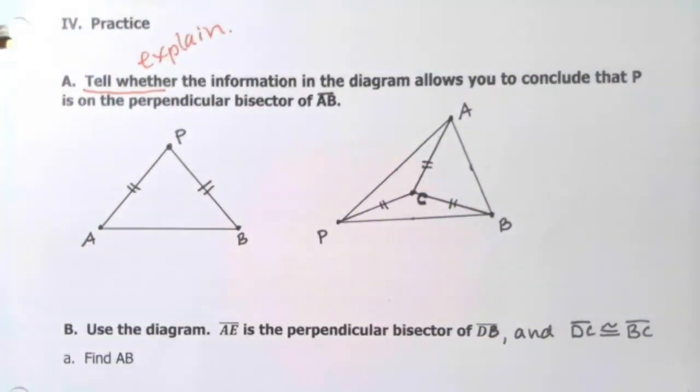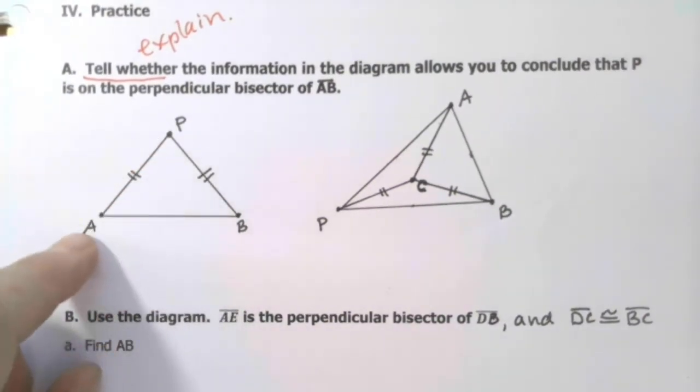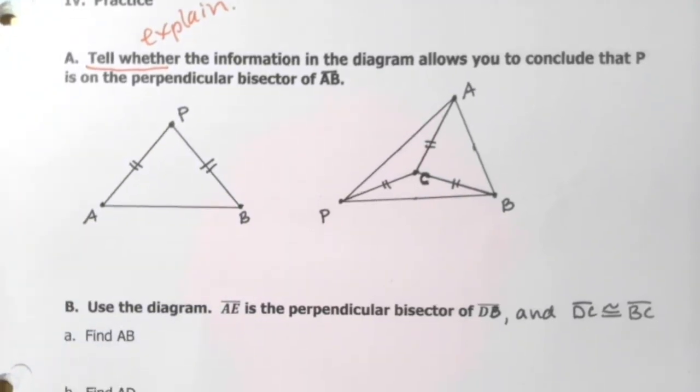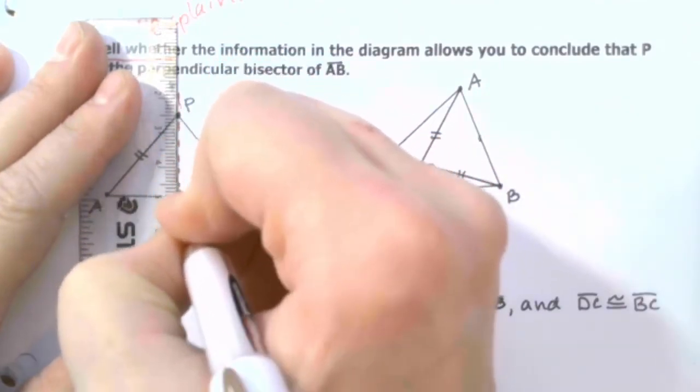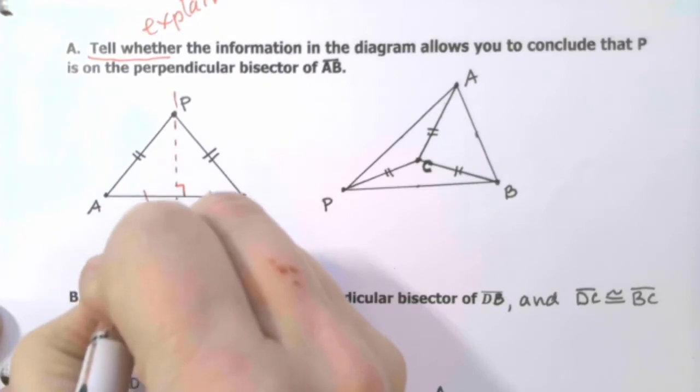It's another way to say explain. So we can see here's P. Its distance to A and B are the same. And we have a theorem that says if P is equidistant to the endpoints, then it is automatically on the perpendicular bisector. So our answer is yes.